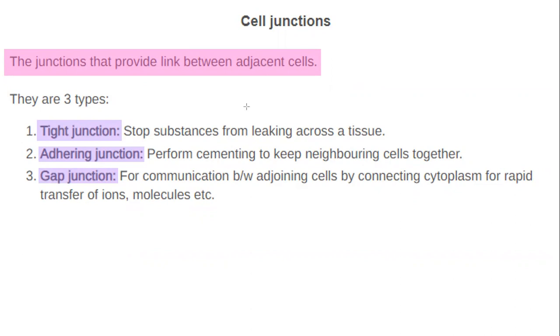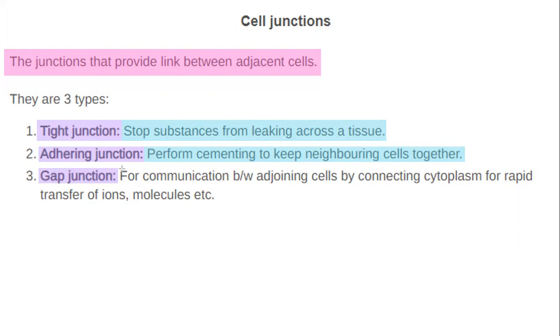The tight junction helps to stop substances from leaking across a tissue. Adhering junctions perform cementing in order to keep the neighboring cells together.